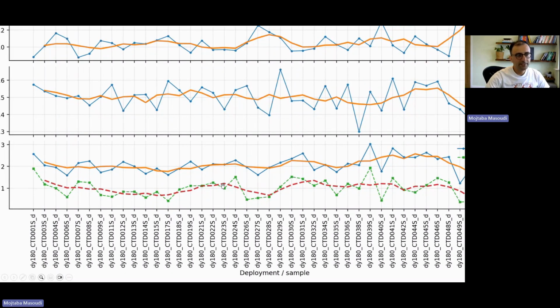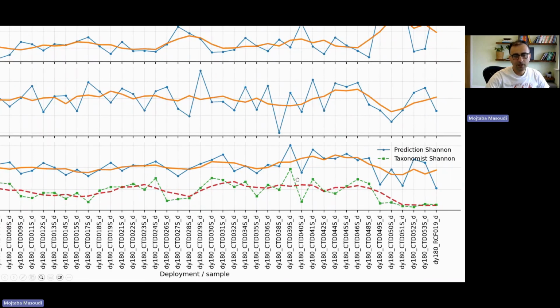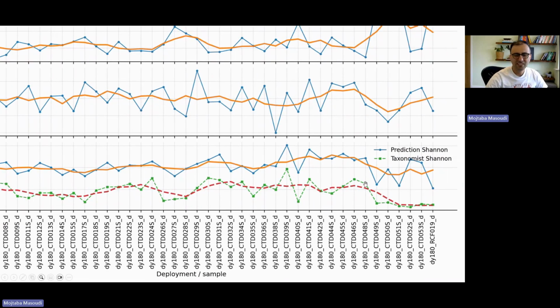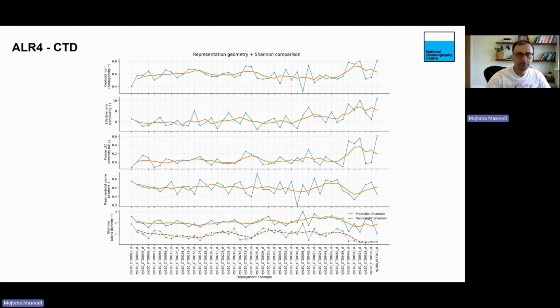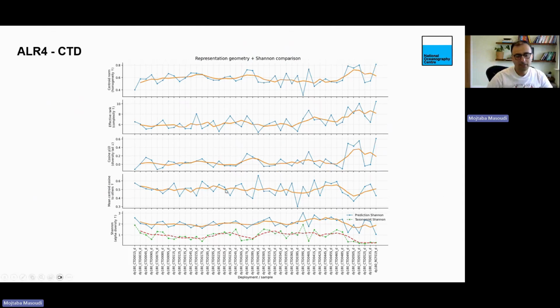It shows the same pattern until the very last deployment. It fluctuated a little bit for the prediction channel, but for the taxonomies and prediction, regardless of how it calculates the labels, you can get the overall trend of the data and the deployments regardless of their label names.